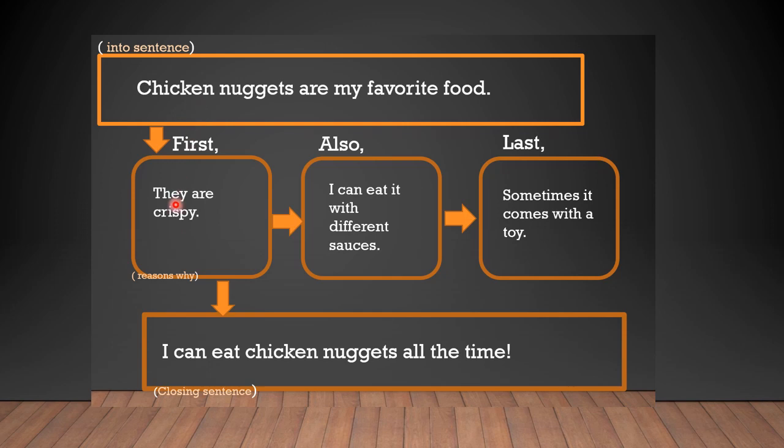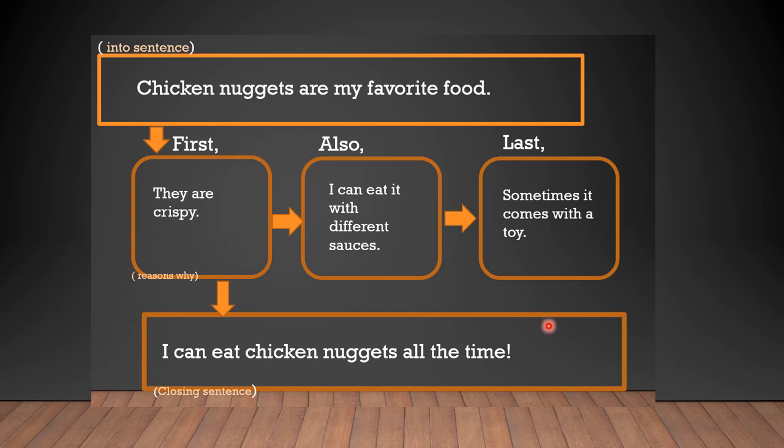So in order it goes: First, they are crispy. Also, I can eat it with different sauces. And last, sometimes it comes with a toy. So I go from my intro sentence to my 3 reasons why. And when I'm done with that, I need to end with my closing sentence. My closing sentence that I chose was, I can eat chicken nuggets all the time.